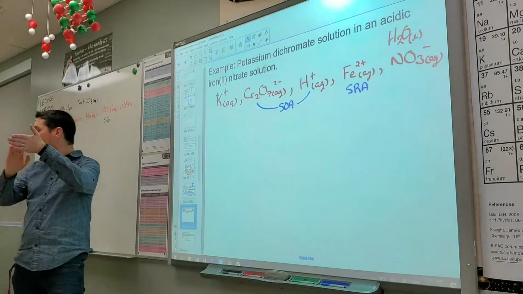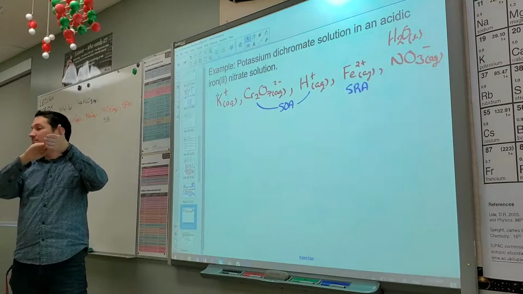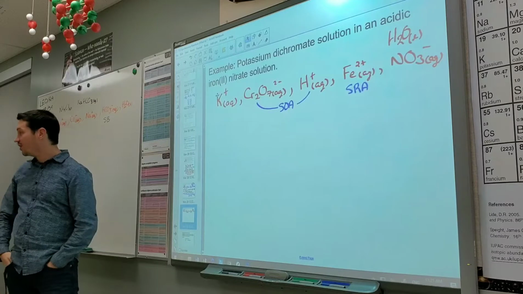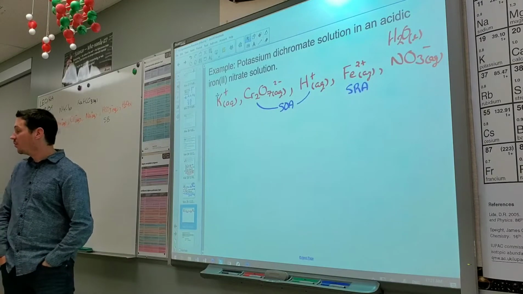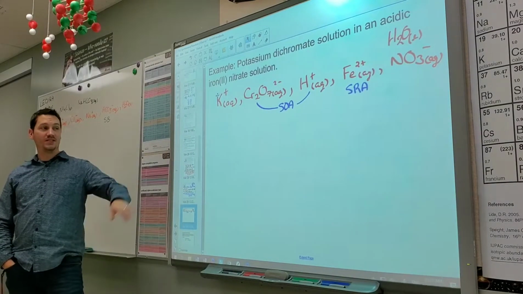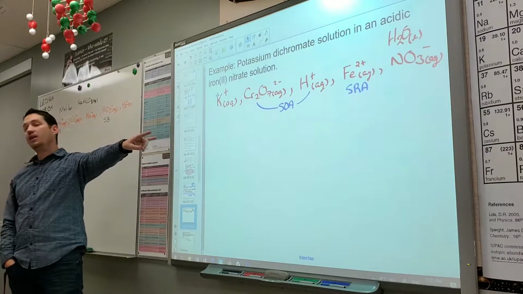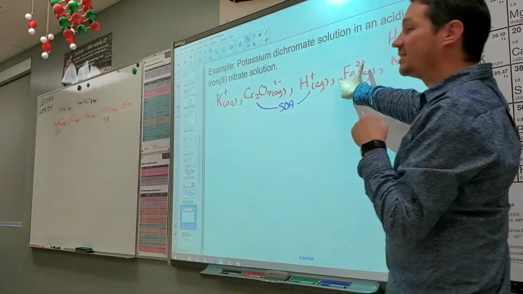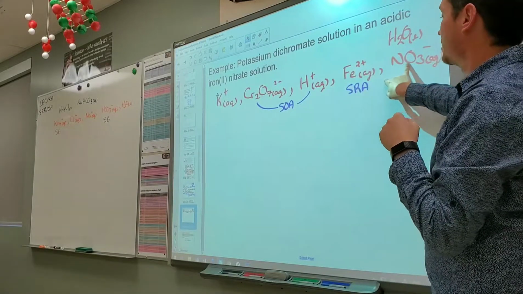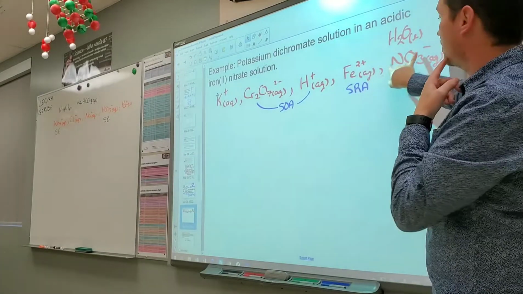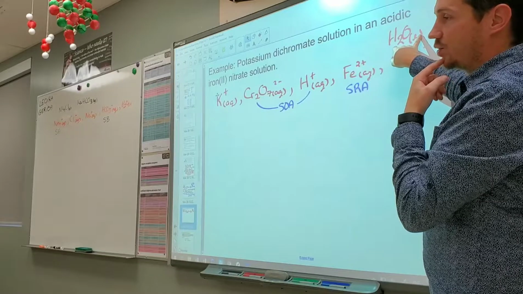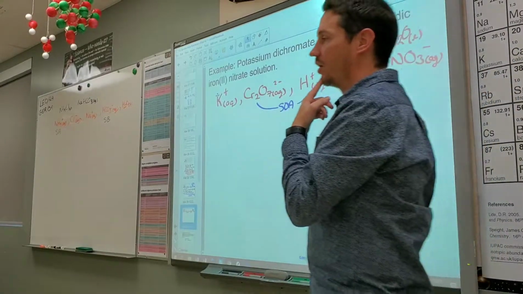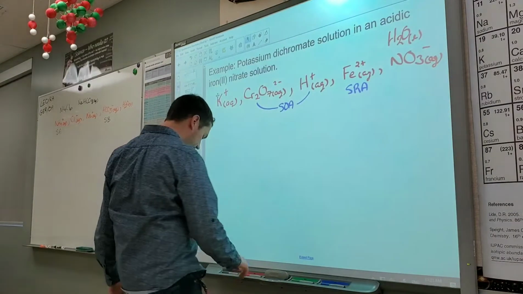If you don't actually go line by line from the bottom to the top or the top to the bottom, it's pretty darn easy to miss one of these. If you missed iron 2 plus, the next strongest reducing agent would have been water. And so you would have reacted acidified dichromate with water, which would have been the wrong reaction.